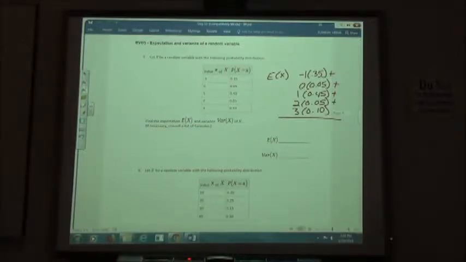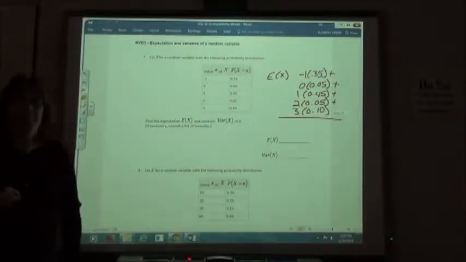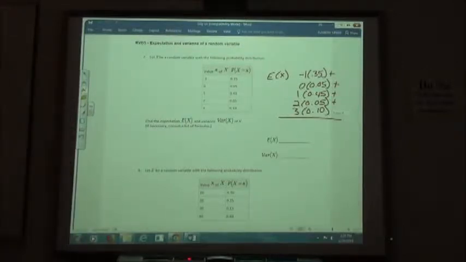My expectation or my weighted mean is going to be what once I figure all that out?